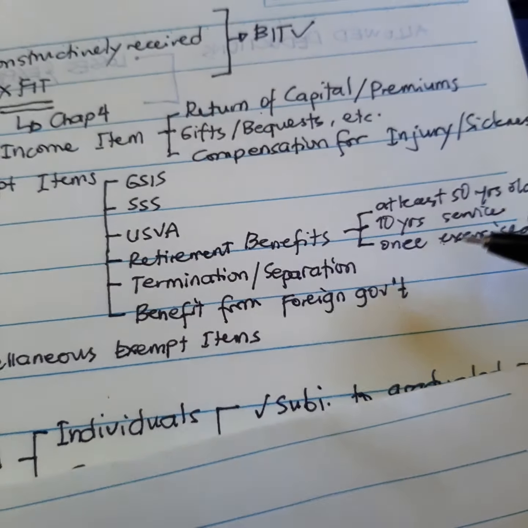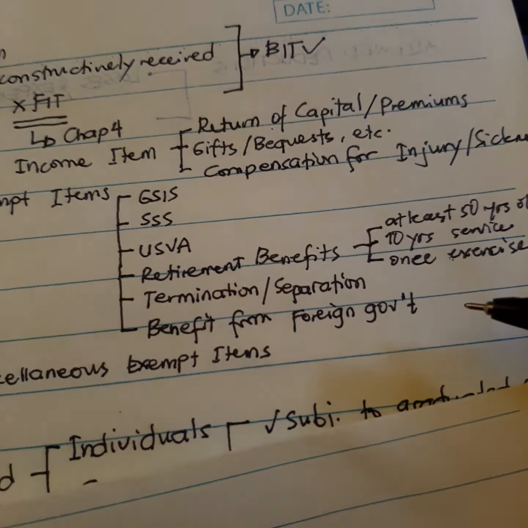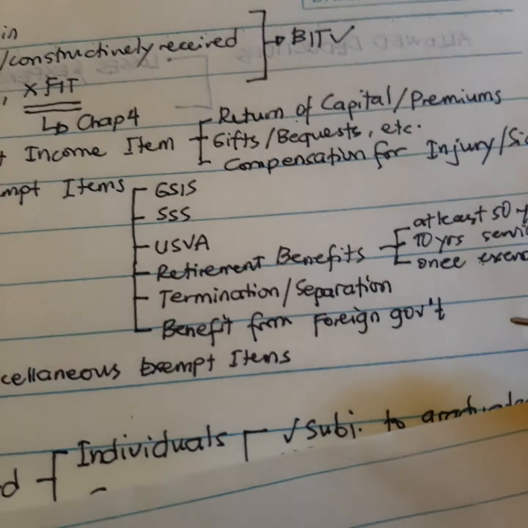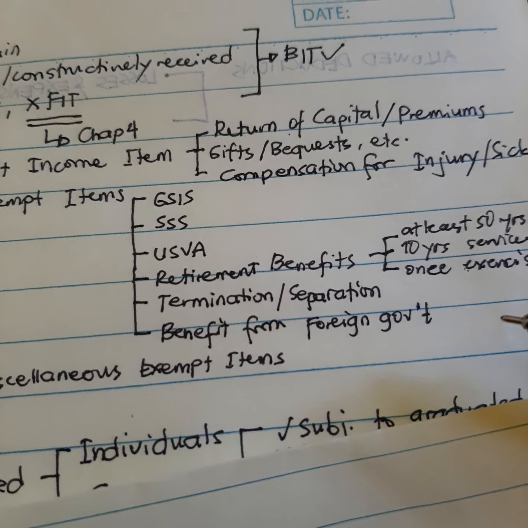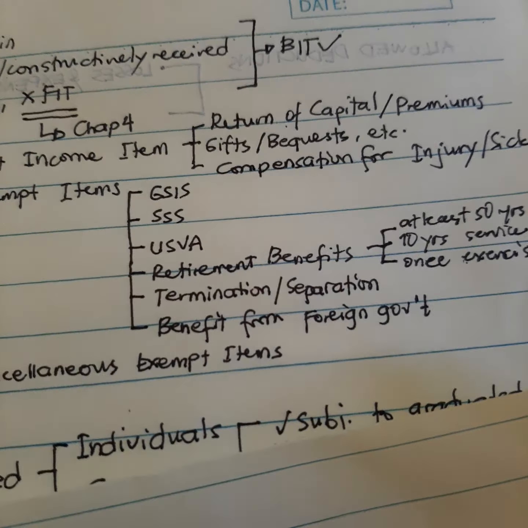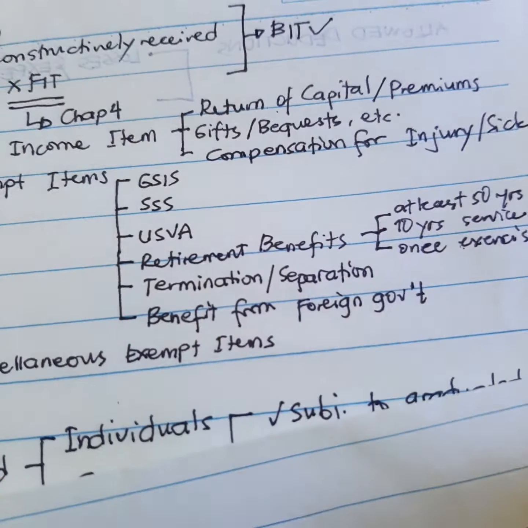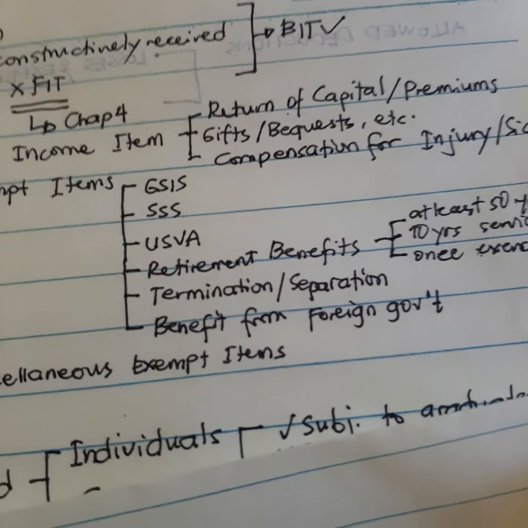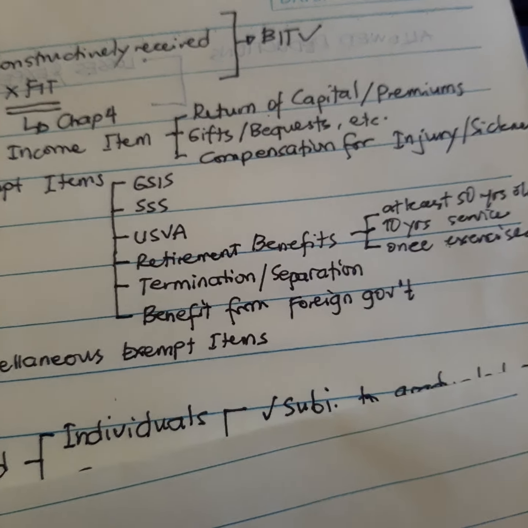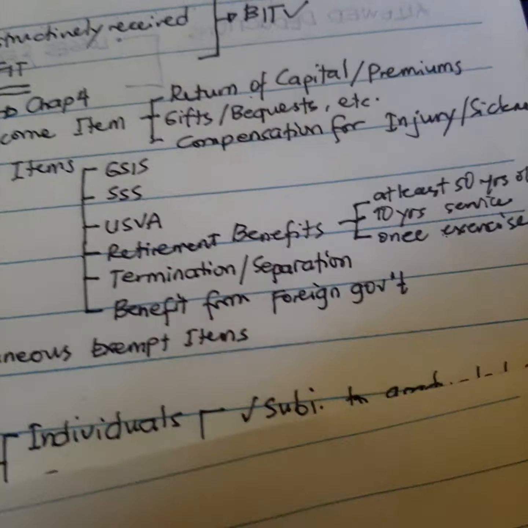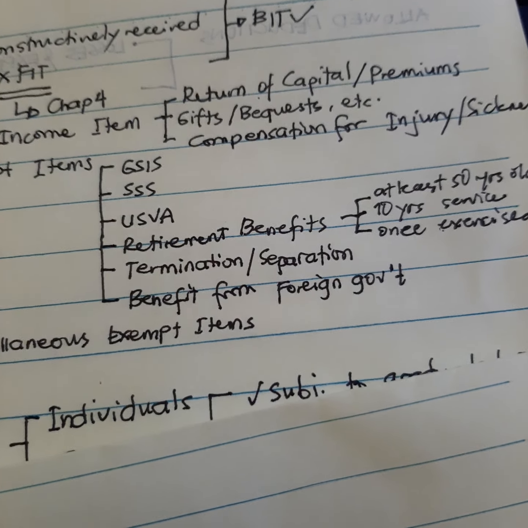Okay? Then, pagdating naman ng termination and separation, so this is the fifth exempt item. Sabi natin, there will only be exemption with regards to termination or separation pay if and only if it's not the fault of the employee kung bakit siya natanggal or bakit biglang nawalan siya ng trabaho. Let's say, for example, the business closed.